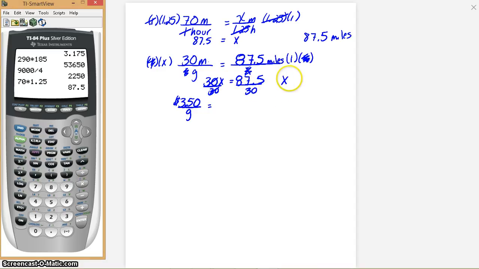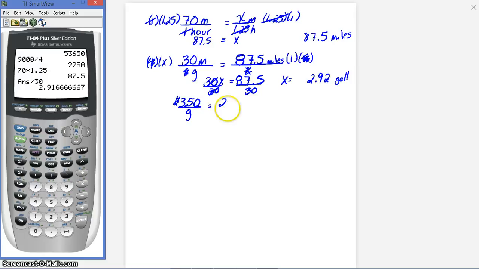Then x equals 87.5 divided by 30, which is 2.9, I'll round that to 2.92. So approximately she uses 2.92 gallons of gas. We needed to know that to put into this next one, because if it's $3.50 for every gallon, for 1 gallon, and I use, oops, sorry, that should be on the denominator.